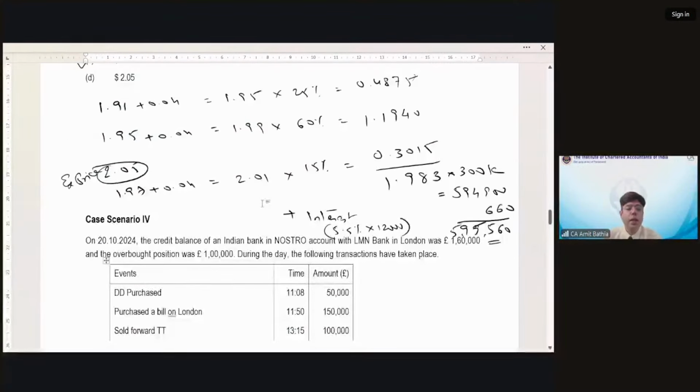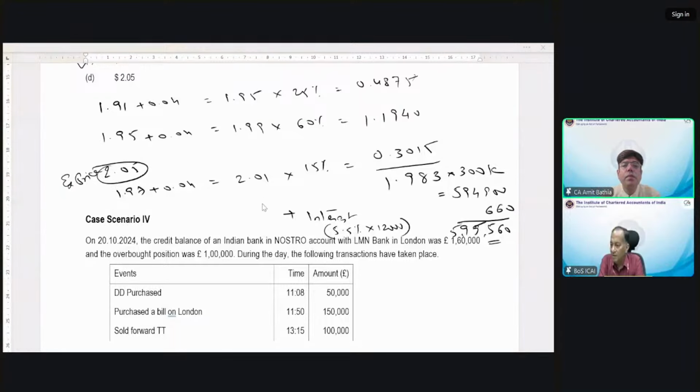Actually, Amit ji, these are the case scenarios available in the booklet. Students, don't worry. These are the available answers anyway. We can also share the answers on the website.